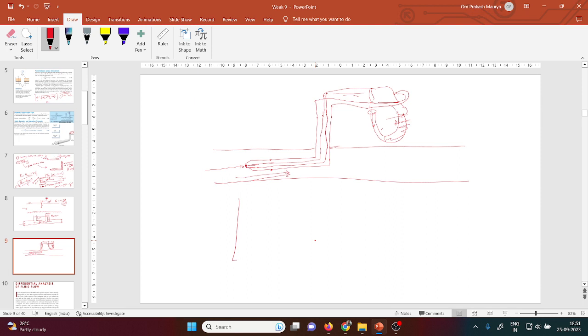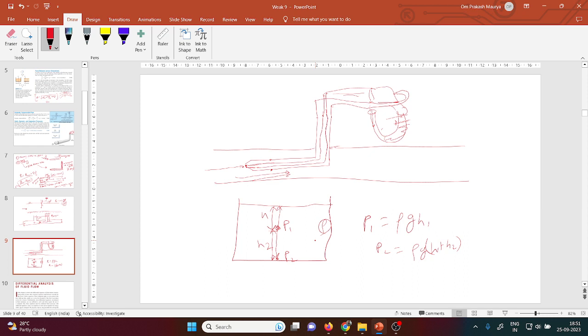Let's say one tank is there, and you want to measure the points P1 and P2, with heights H1 and H2. So P1 is rho g H1 if the density is rho, and P2 is rho g (H1 plus H2).